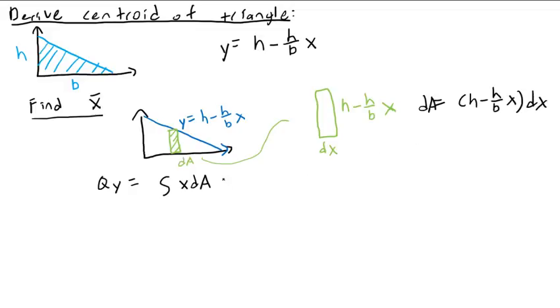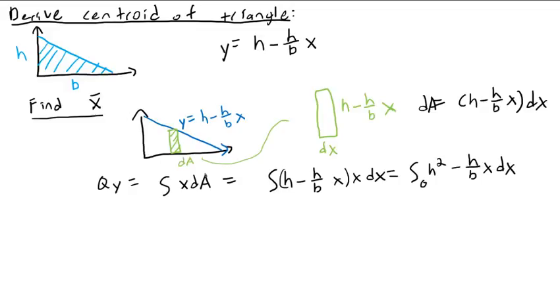So that is going to be the integral of h minus h over b x times x dx.